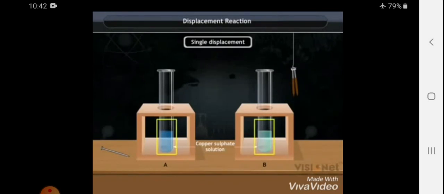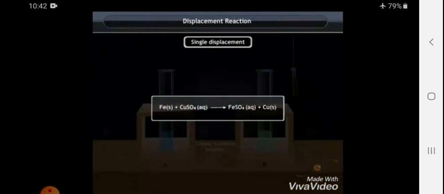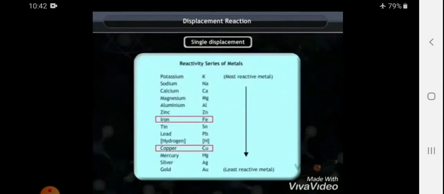This is because the copper sulfate color faded, meaning iron has displaced the copper from its salt solution, meaning iron has removed the copper. Copper is a less reactive element. If you check the reactivity series, you will come to know that copper is less reactive and iron is a highly reactive element, iron is on top. So iron can easily remove the copper and it forms iron sulfate, and copper is deposited easily.